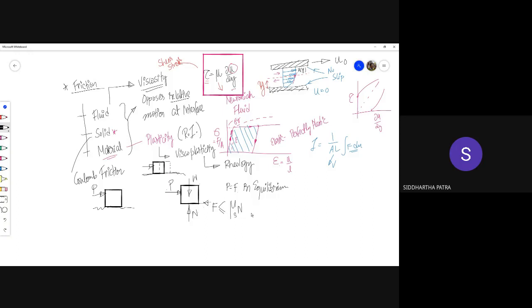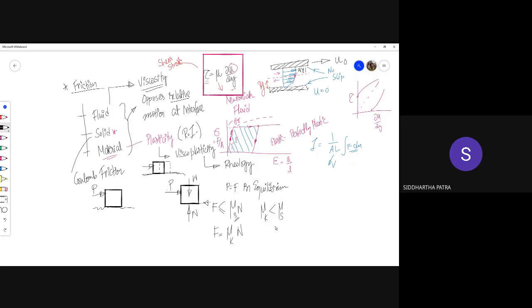At that point it goes from the domain of static friction to kinetic friction, and in that situation, with the coefficient of kinetic friction, F becomes equal to mu k times N, and it cannot change from this value. The coefficient of kinetic friction is typically smaller than mu s.